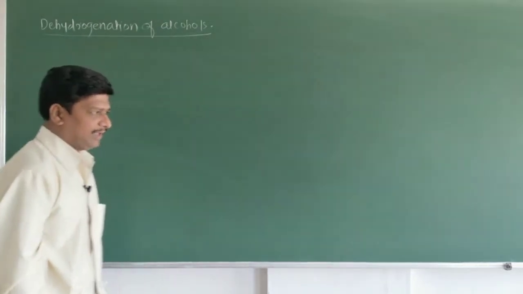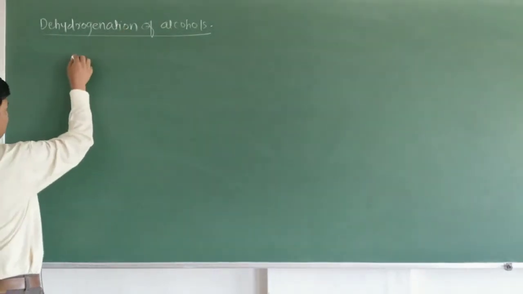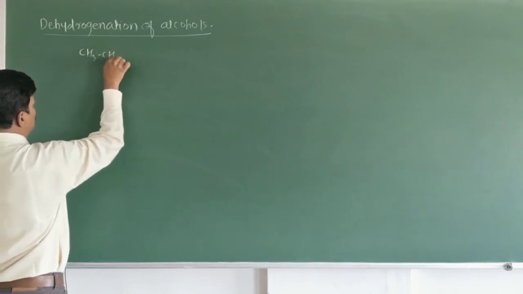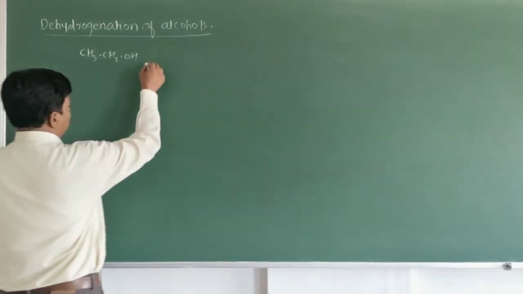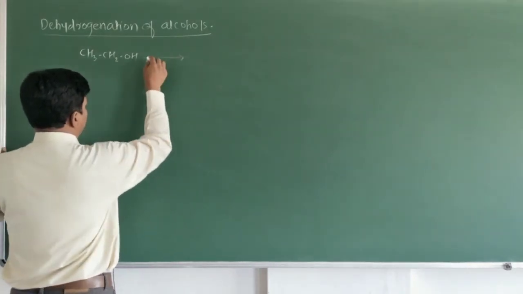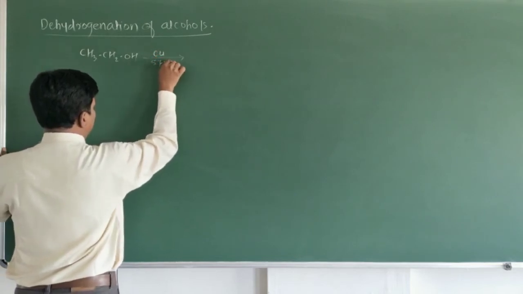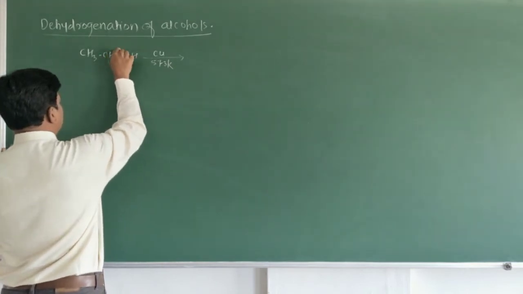Now we will see one example each from the primary, secondary and tertiary alcohols. For example, CH3CH2OH, it is the ethyl alcohol. The vapors of ethyl alcohol are passed over heated copper at 573 Kelvin temperature, and here dehydrogenation takes place.